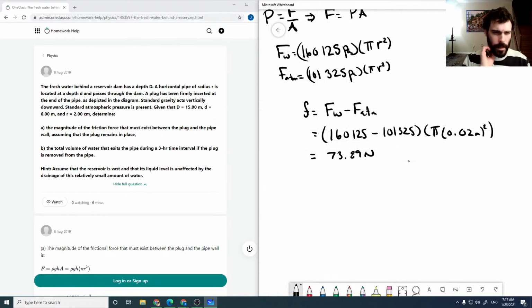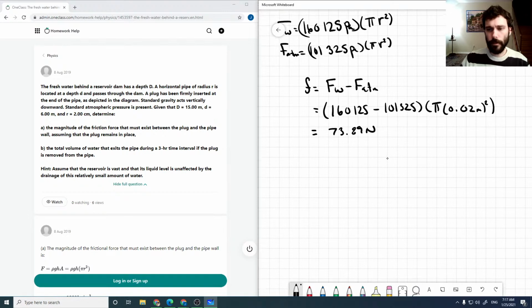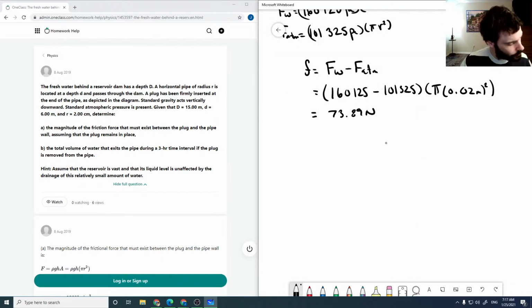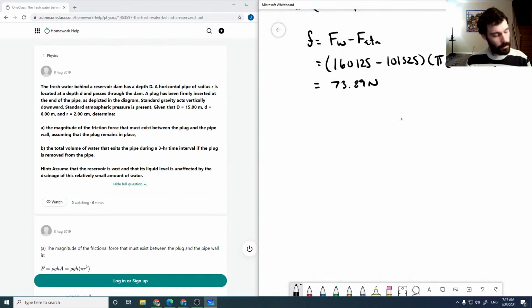Okay, and now for B, it asks for the total volume of water that exits the pipe during a 3-hour time interval if the plug is removed. So for this, I consider just the pipe.